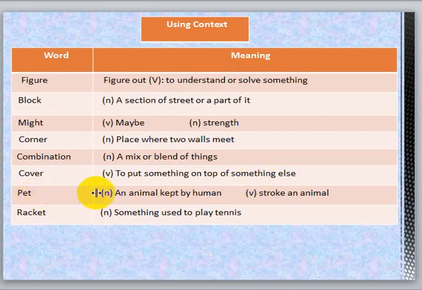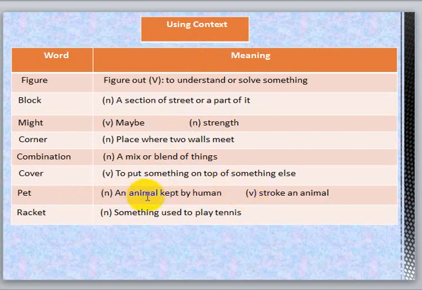Pet here has two meanings. As a noun, an animal kept by humans, and as a verb, to stroke an animal. How do I know this? Use the context. Read the sentence first and decide whether pet here is a noun or a verb.